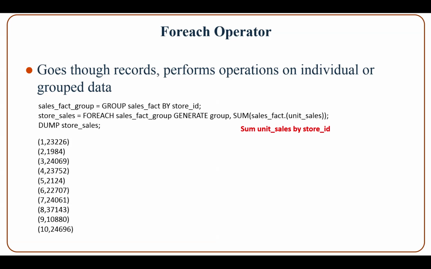Basically, it gives the sum of unit sales for each store ID, and then dumps all the data in store sales. Then what you see would be something like this, and there are more, but here we don't have enough space.